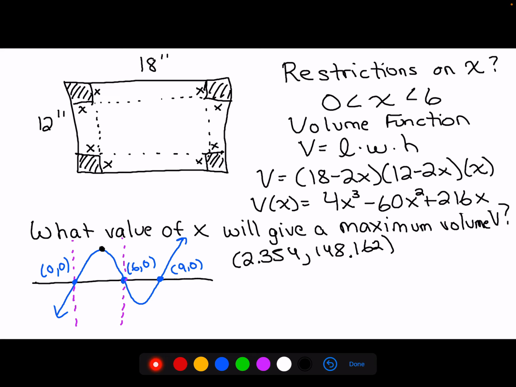So if you make your squares 2.354 inches in dimension, you will get the maximum volume of that box at 148.162.